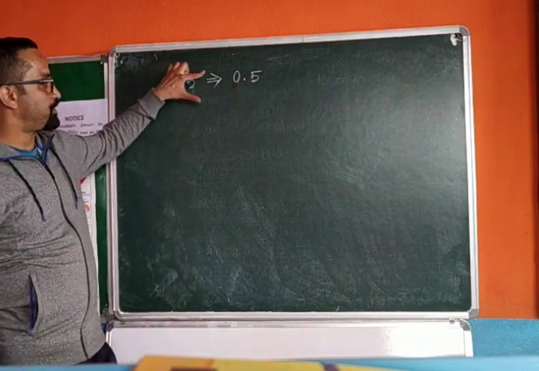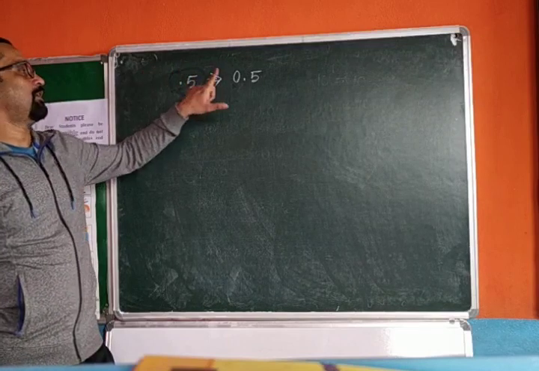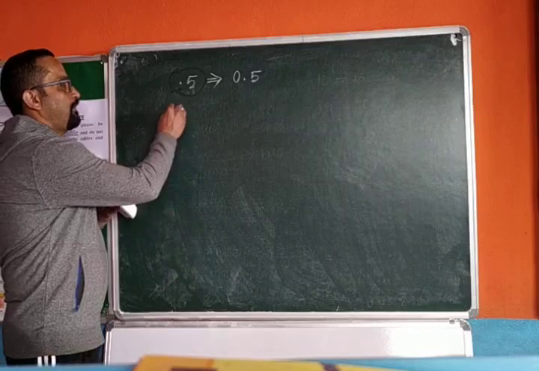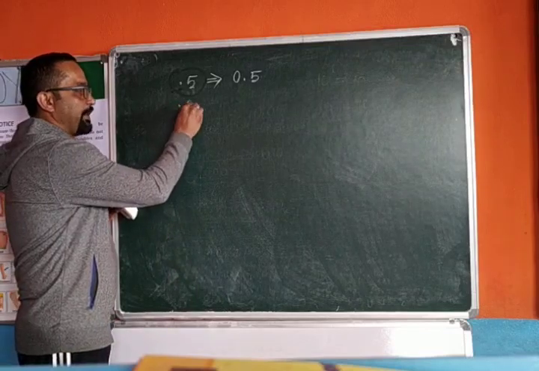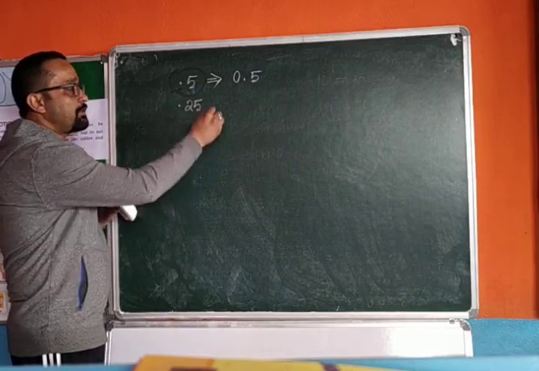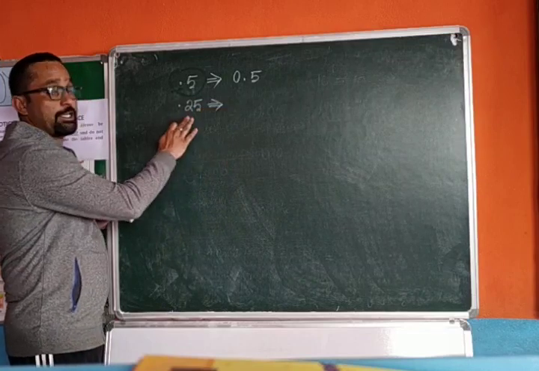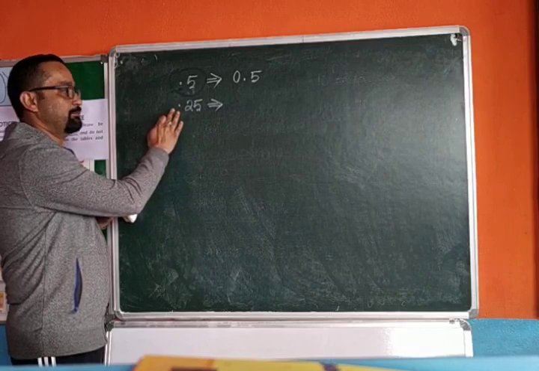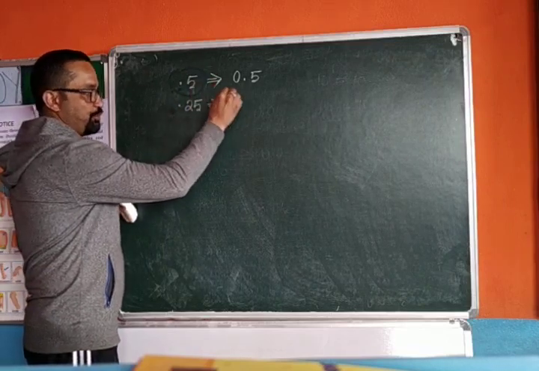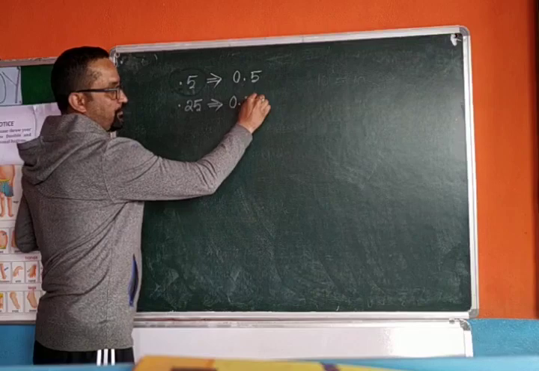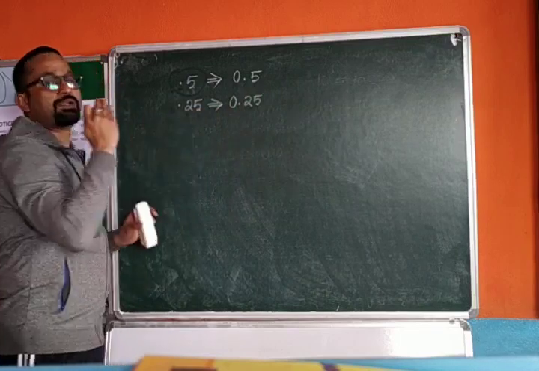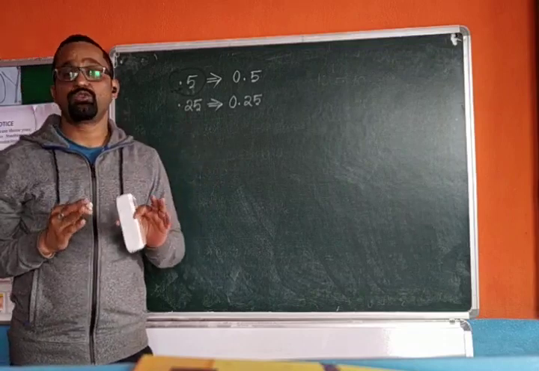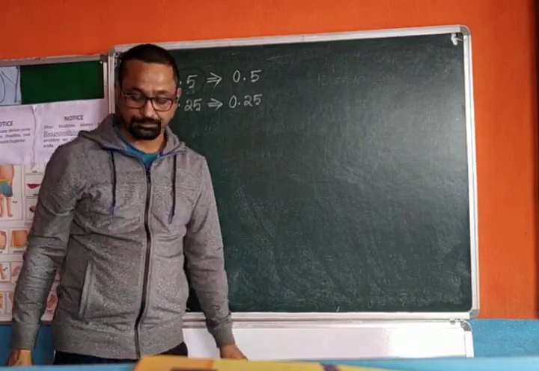It should be written as 0.5. Suppose you have .25. Again, this cannot be left like this. If you don't have an integer in front of decimal, you must put 0, decimal, then write the digits. So this is simple way to represent decimal.